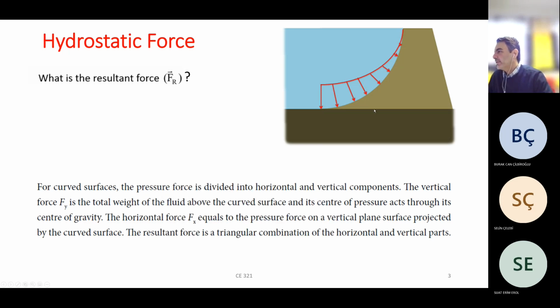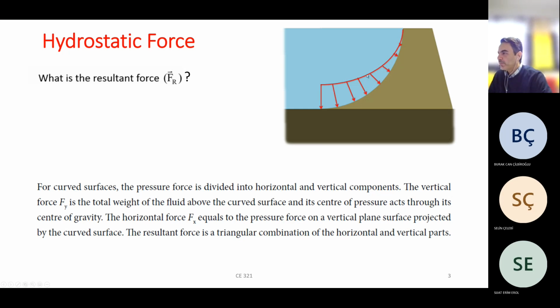Looking at this point at the free surface, there is no pressure because there is no water depth above this point. If we find the pressure at several points, you can easily say pressure equals gamma h, and you can draw these pressure vectors.